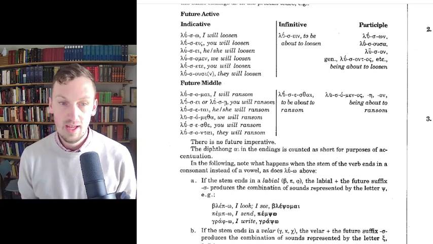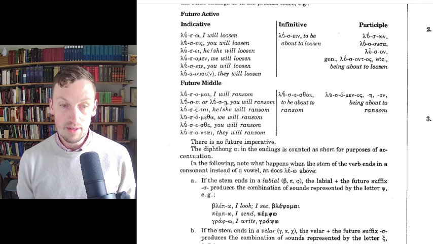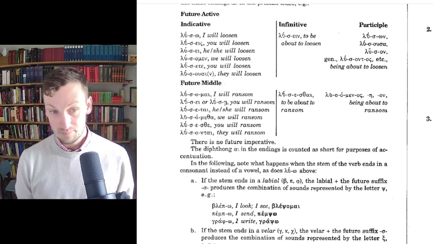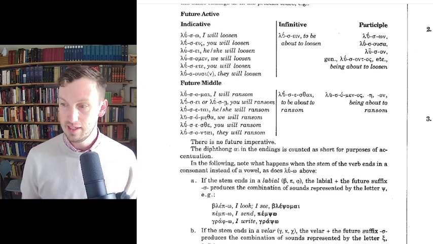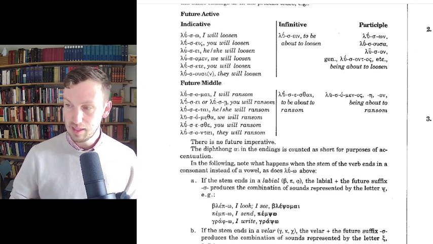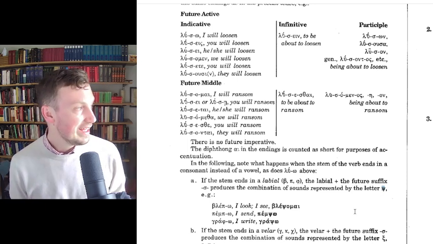For instance, the letter pi, the p sound, next to a sigma, s, makes the sound ps. That's going to be really awful on a microphone. But that psi sound, they have a separate letter for. It's called the psi. You've learned it. It looks like this, like a pitchfork. And this is actually going to be true of all the what are called labial sounds.